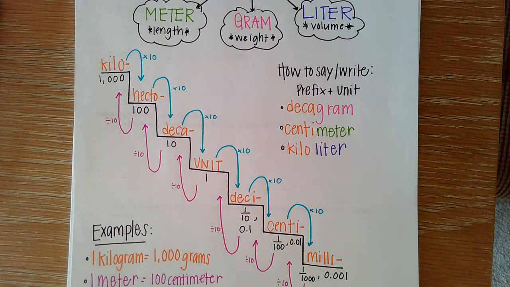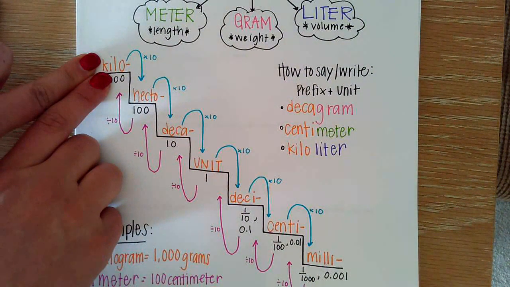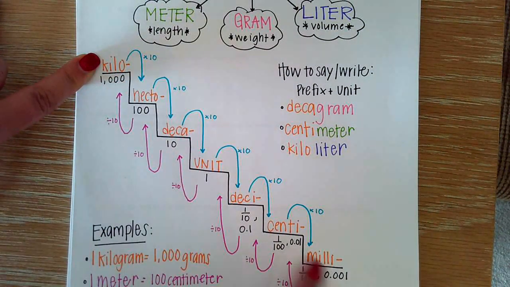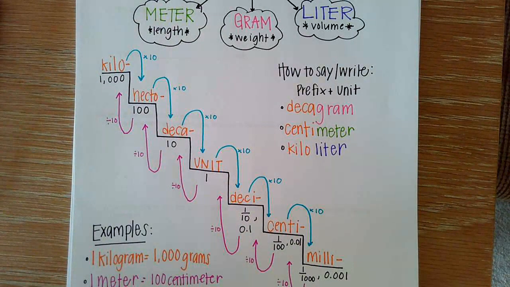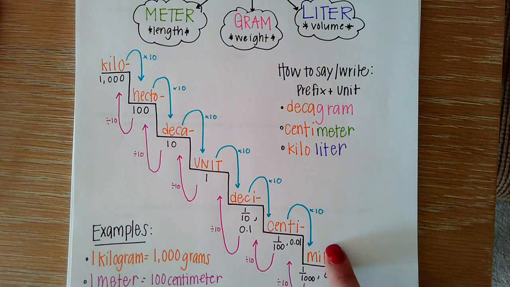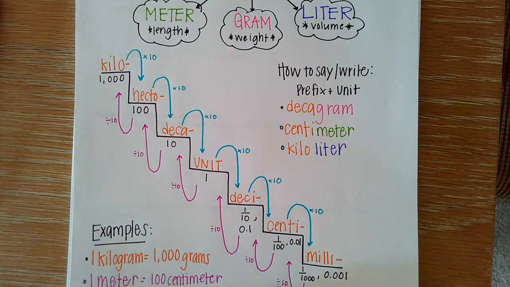When I am taking a larger amount, a larger unit, and converting it into a smaller unit, I will multiply by 10, or to a power of 10. If I'm taking a smaller unit and converting it to a larger unit, then I will divide by 10.